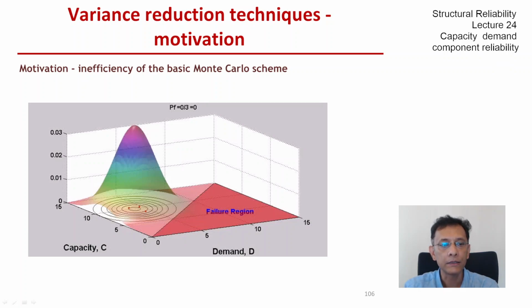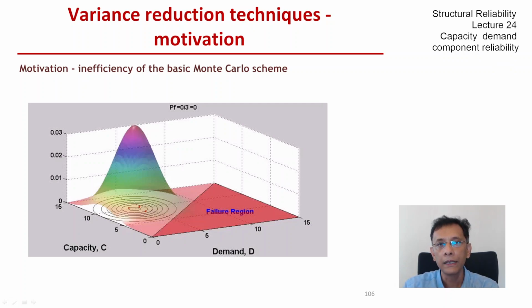We have capacity C and D, and the limit state is a straight line between C and D. It's C equals D, and we will generate just 1,000 samples and estimate PF. So what you see are the concentric circles on the plane, which indicate the joint PDF contours of C and D, and the third dimension is the probability density.